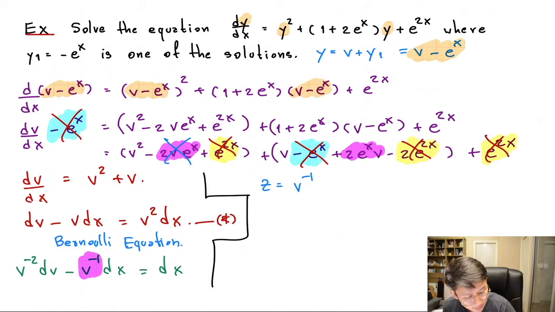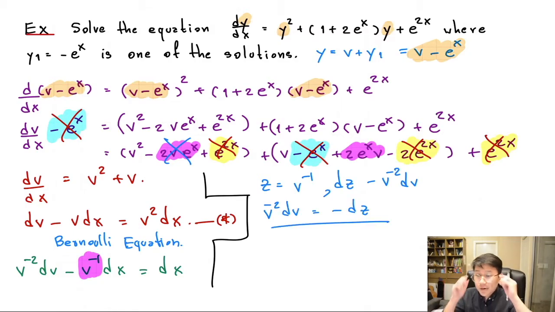So guys, dz is minus v to the minus 2 dv. So we have that v to the minus 2 dv equals minus dz. It's pretty much the same as in the previous example, isn't it? Right, we end up with pretty much the same equation.